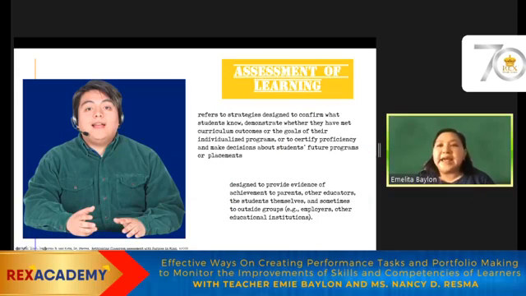For today, our focus is on assessment of learning, which refers to the strategies designed to confirm that the students are able to demonstrate what they know and that they really meet the curriculum outcomes, the curriculum goals that their programs are offering.